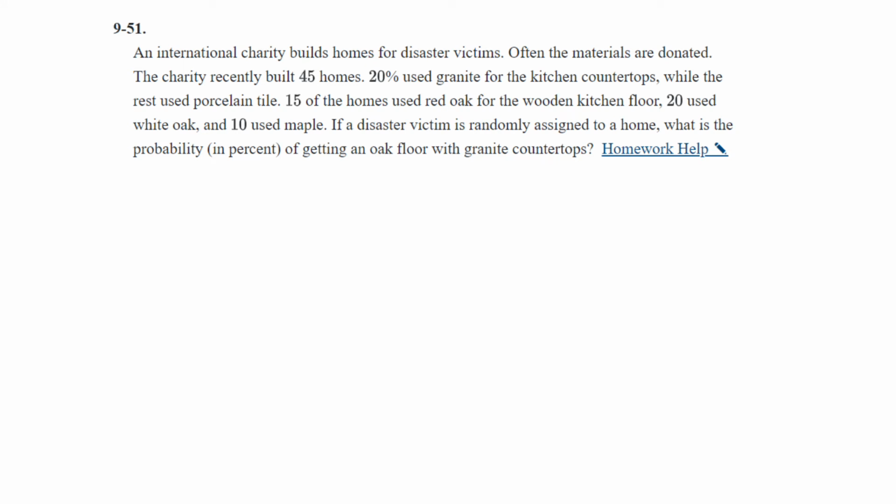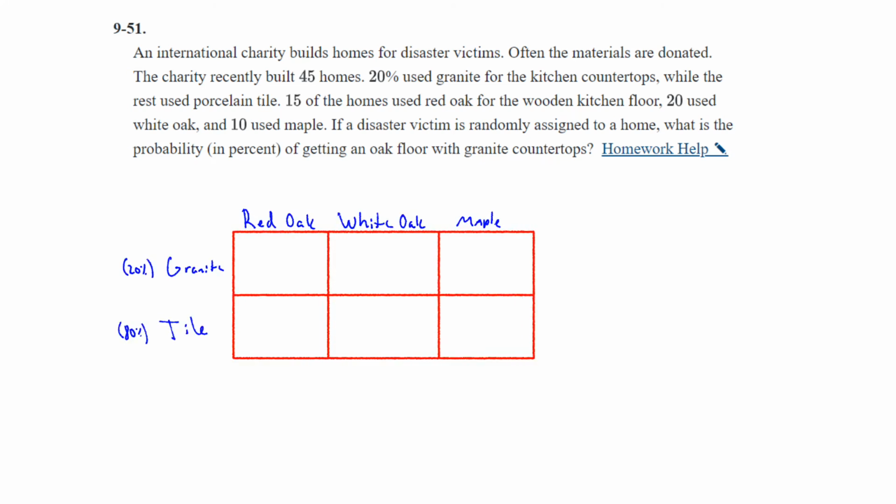So since we're looking at two different things, countertops and the wooden kitchen floor, I'm going to set up an area model for the three different types of wood floors and the two different types of countertops for the kitchen. So I went ahead and set up the area model. I got red oak, white oak, and maple on top, and granite and tile on the left side. I also put the 20% with granite and 80% with tile because the rest used the porcelain tile.